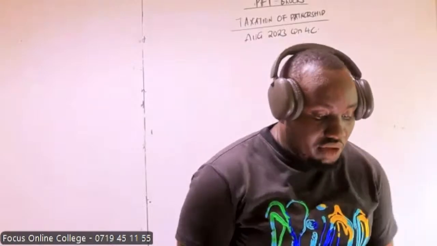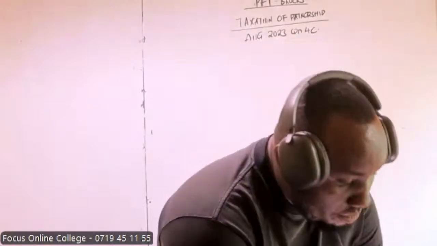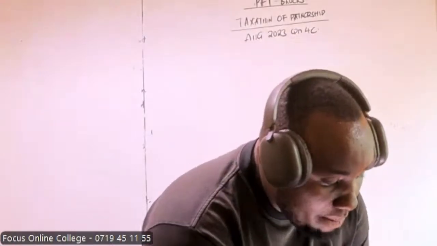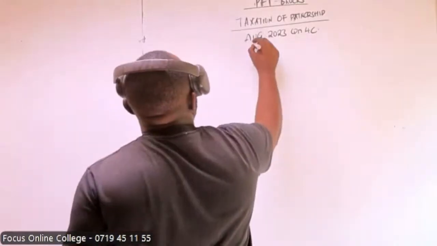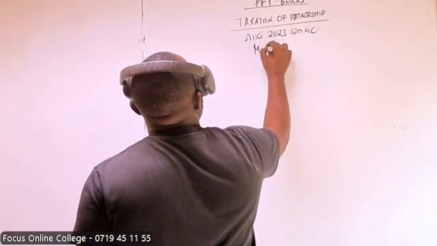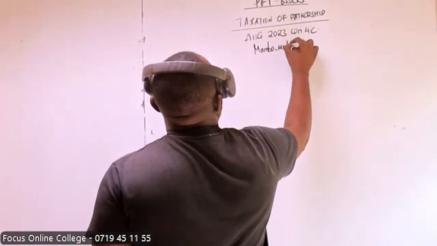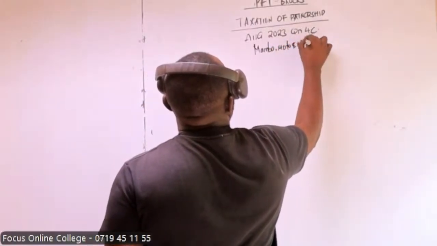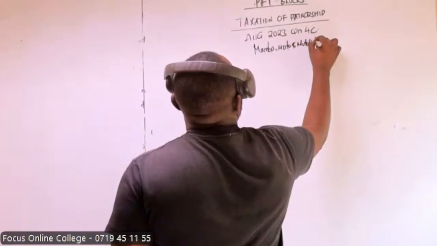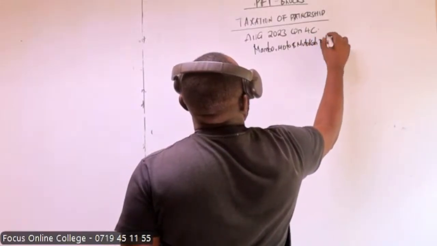So we start with the first one. What is the name of the partnership? We call it Mambo Motor, and motor car partnership.